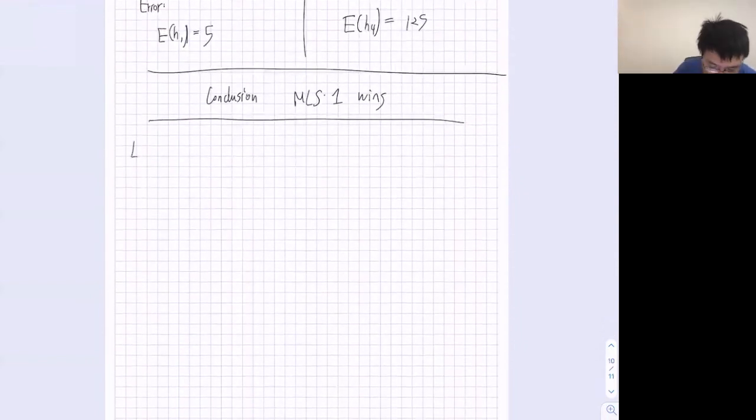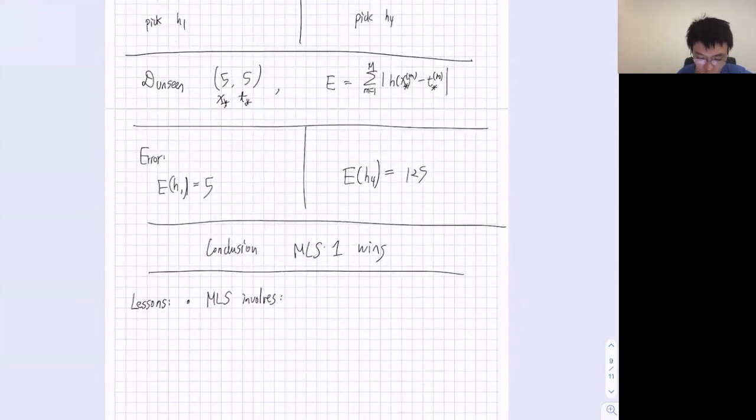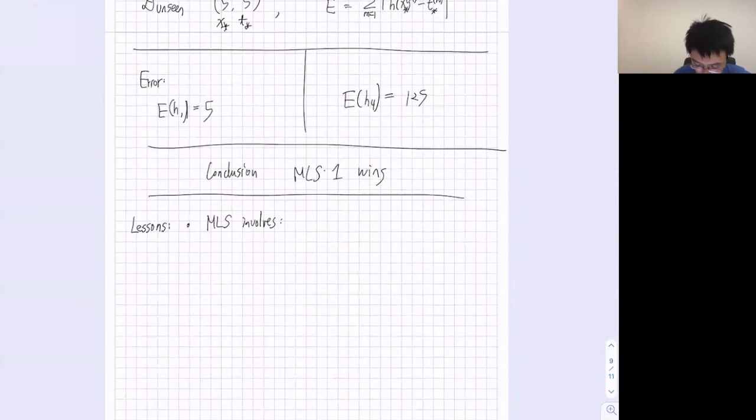So lessons learned. A machine learning system involves humans.